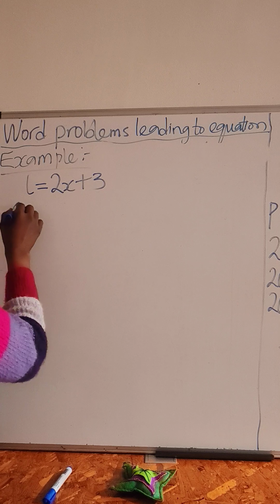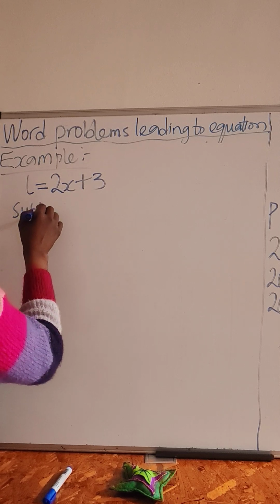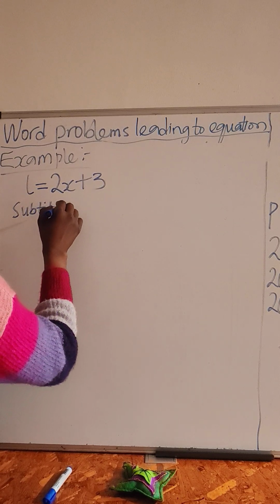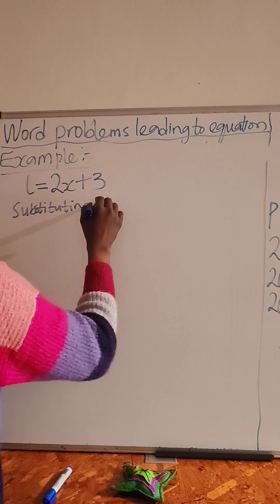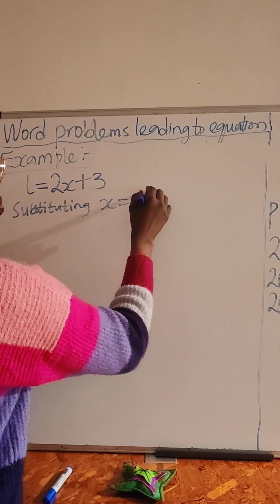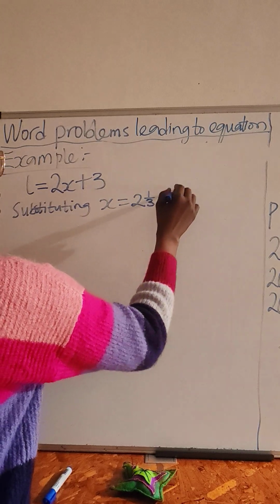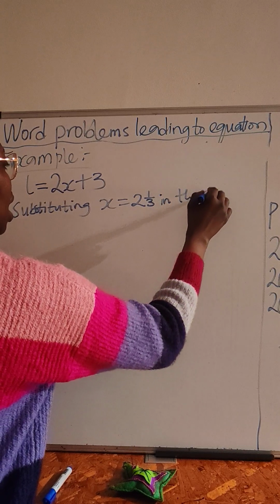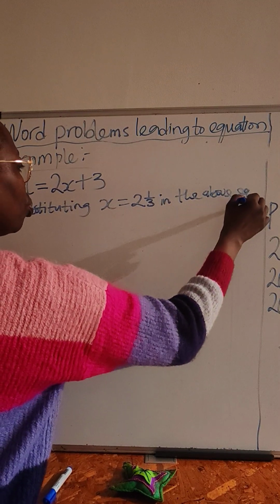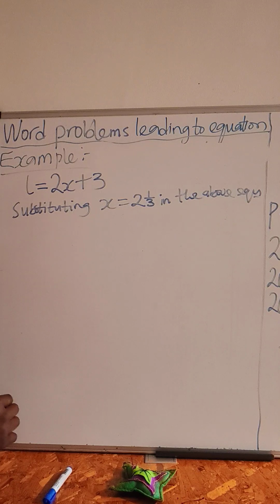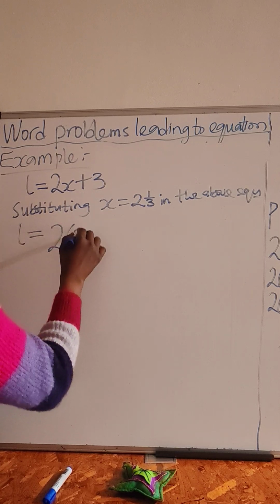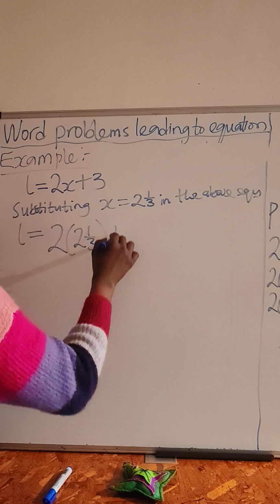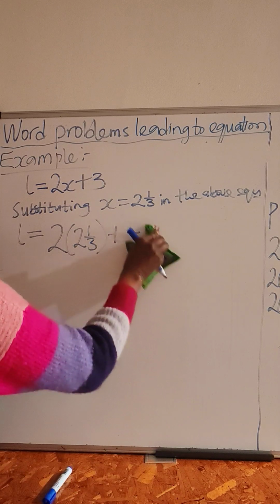So substituting s equals 1/3 in the above equation, we'll be having 2 into 1/3 plus 3.